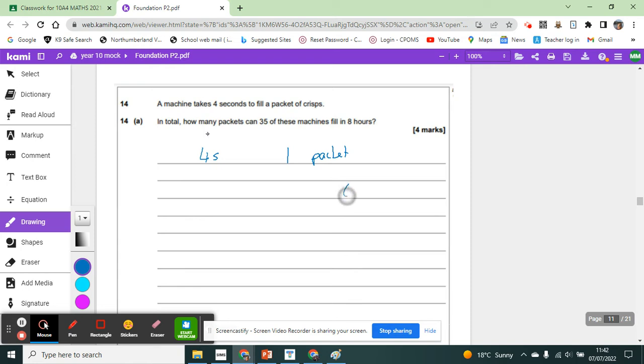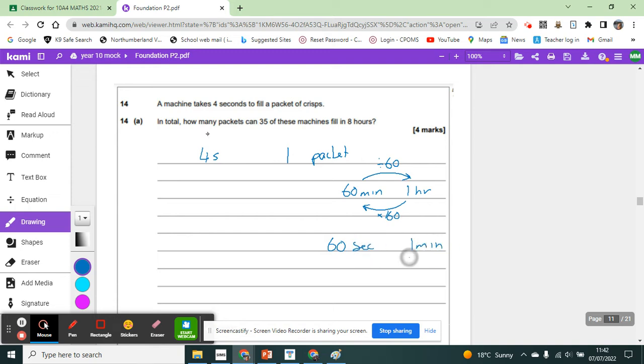So just remember that 60 minutes is 1 hour, which means to go from there to there, we have to divide by 60. Go the other way, we've got to times by 60. And remember that there is 60 seconds in 1 minute.